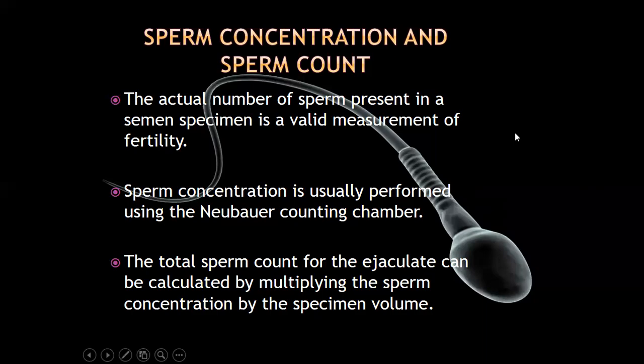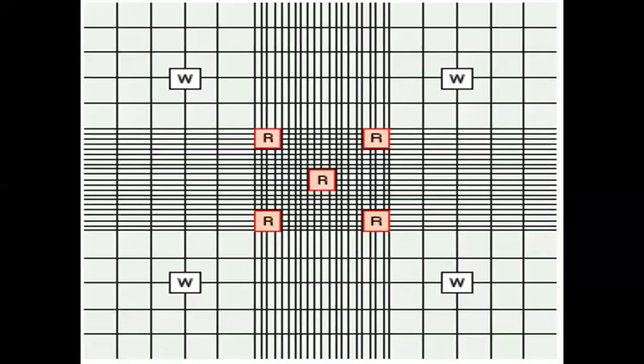This is how it would look under the microscope. Notice that you have WBC and RBC squares. The larger corner squares are your WBC squares, whereas the smaller central squares are your RBC squares.